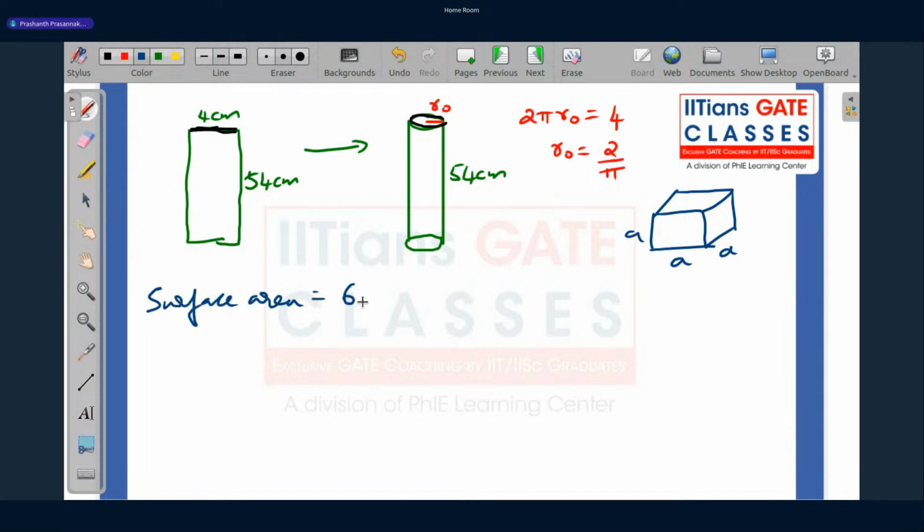Surface area is going to be 6 times A square. And this 6 times A square is equal to the area of this rectangular sheet, which is 54 into 4. So if I cancel this out, 6 times 9 is 54. A square is 9 into 4. This will give the side length as 3 into 2, or 6 centimeter.